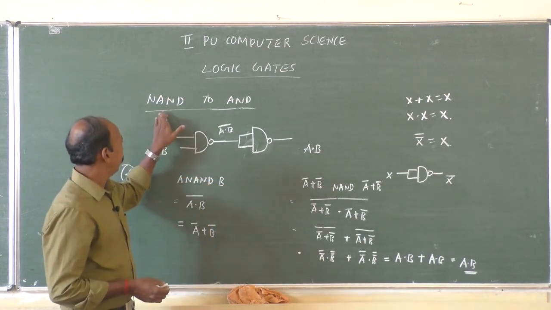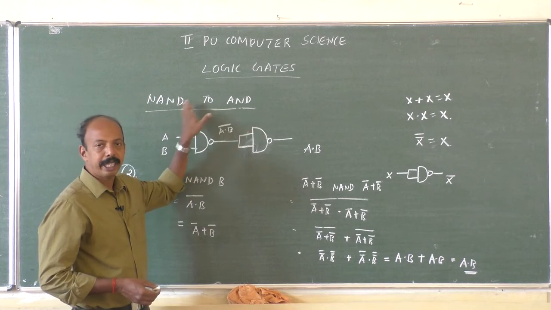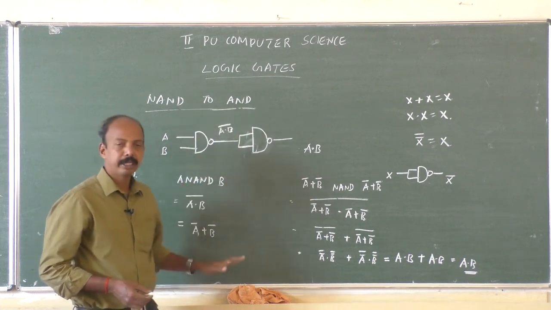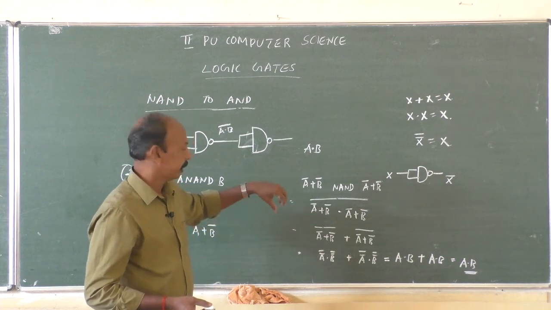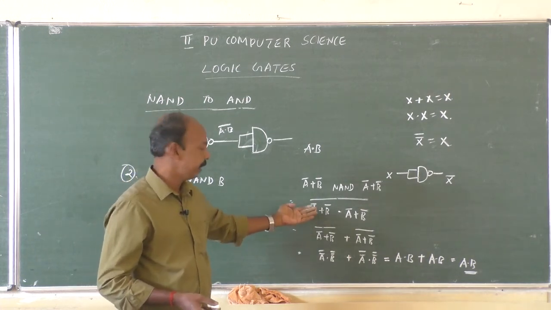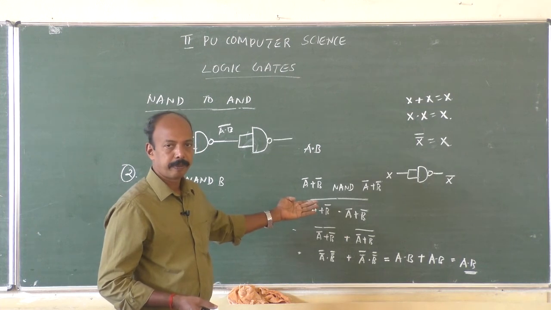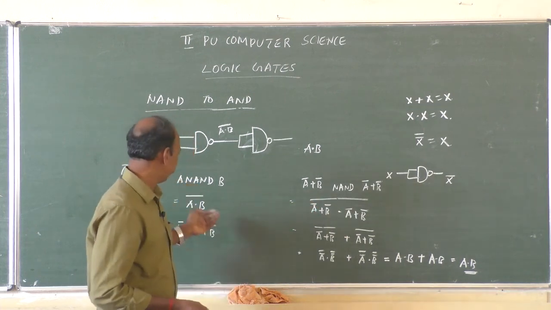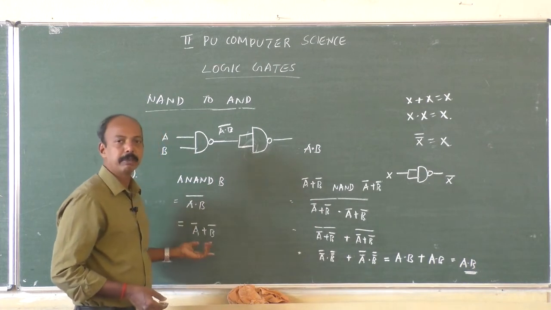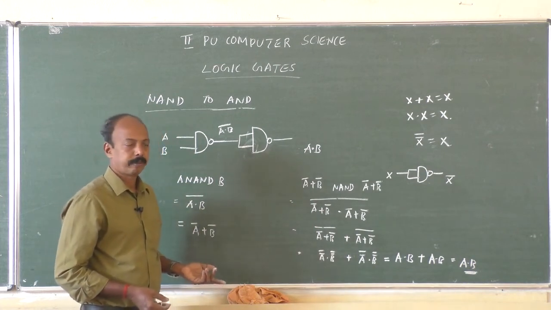So when we derive the AND gate from the NAND gate, we have seen two methods. This is the second method. The first method we have already seen. Whichever is easy for you, you follow that. Method 1 is easier compared to this one. The only thing here is we are going to implement this one using De Morgan's theorem, right?